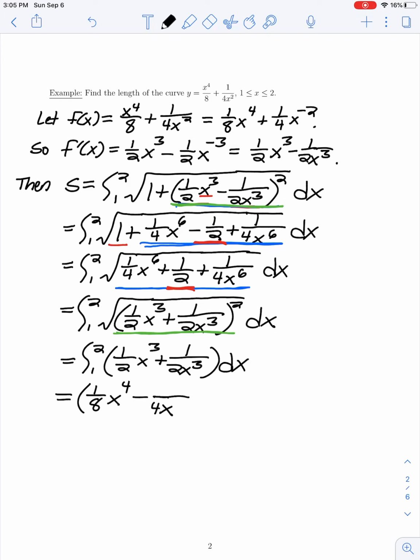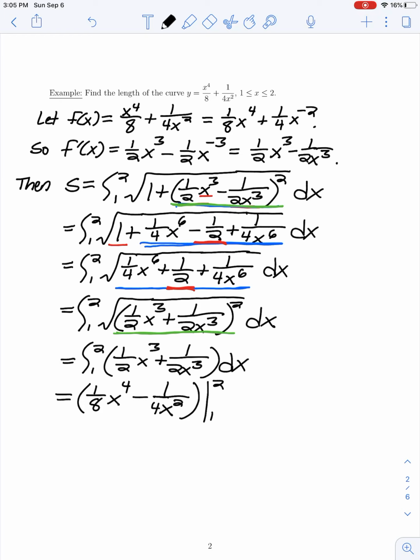So altogether we'll have a negative 1 over 4 x squared, and we're evaluating this quantity from x equals 1 to x equals 2.